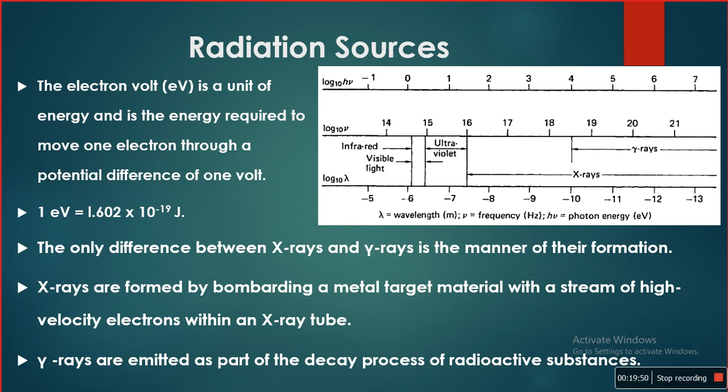Then iridium is also used. Such substances can be used as gamma ray sources, and as they decay, gamma rays can be generated. So it is not an artificial generation of radiation.